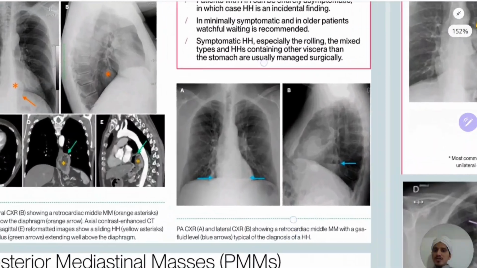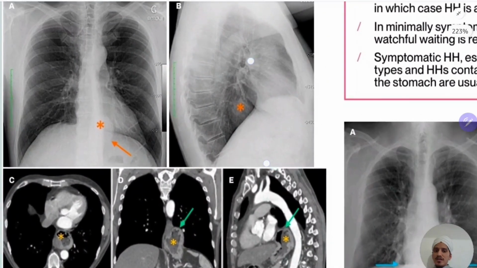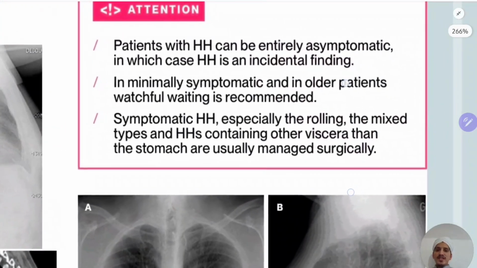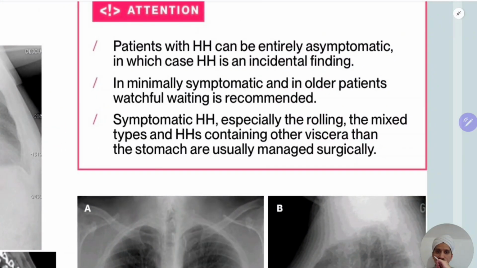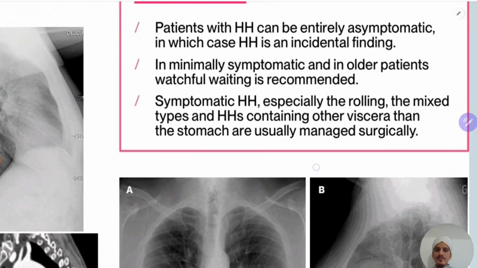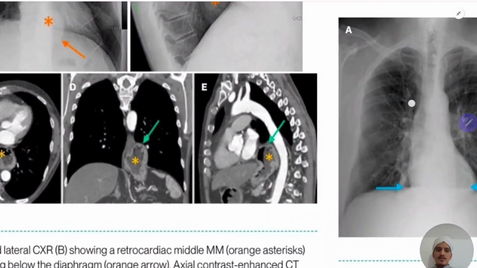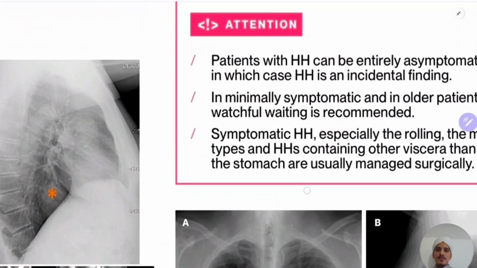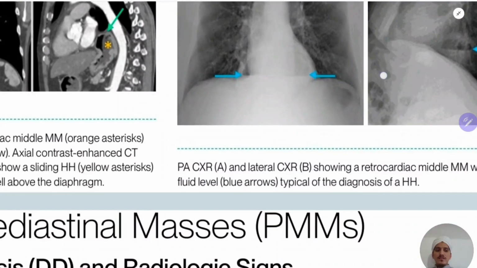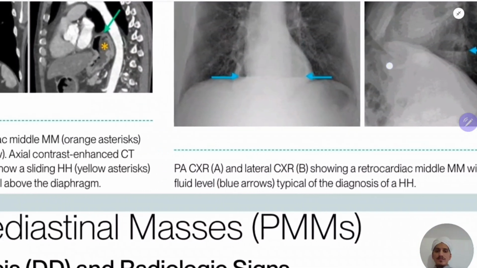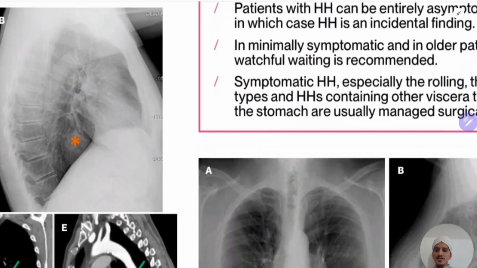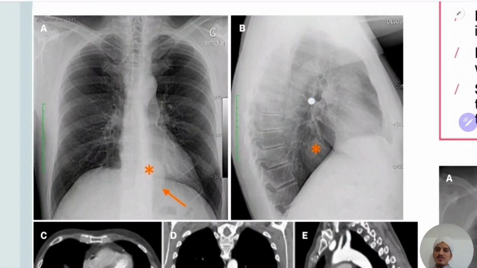Now coming to one more X-ray. First we will see, then I will disclose the diagnosis.